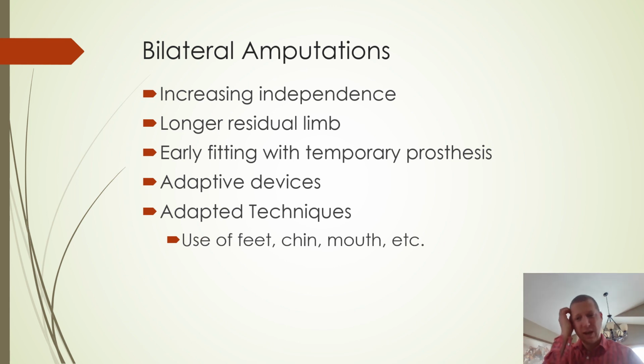Something that was impossible for her was self-feeding. There was nothing to help with self-feeding, and so for many years, she had an aide, somebody in the cafeteria, or a teacher, or another student feed her. Her parents fed her. When we went to work with her, one of our students took a piece of neoprene and sewed on some Velcro so that it became a strap to go around her residual limb.